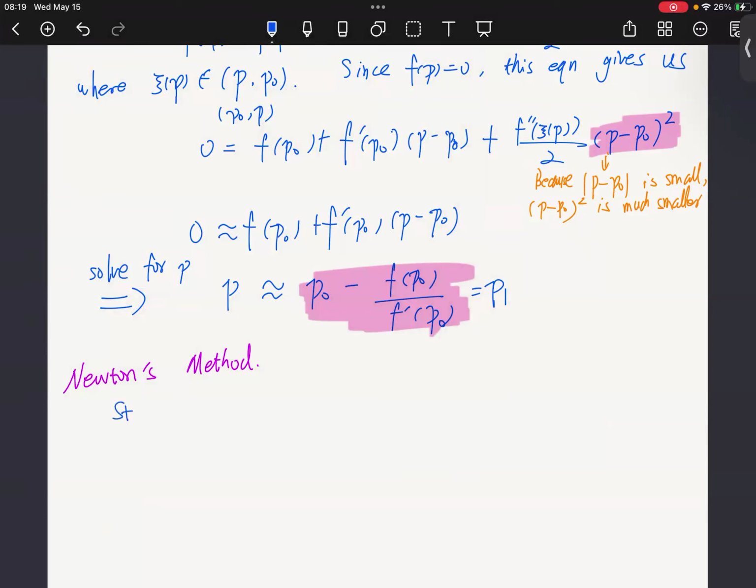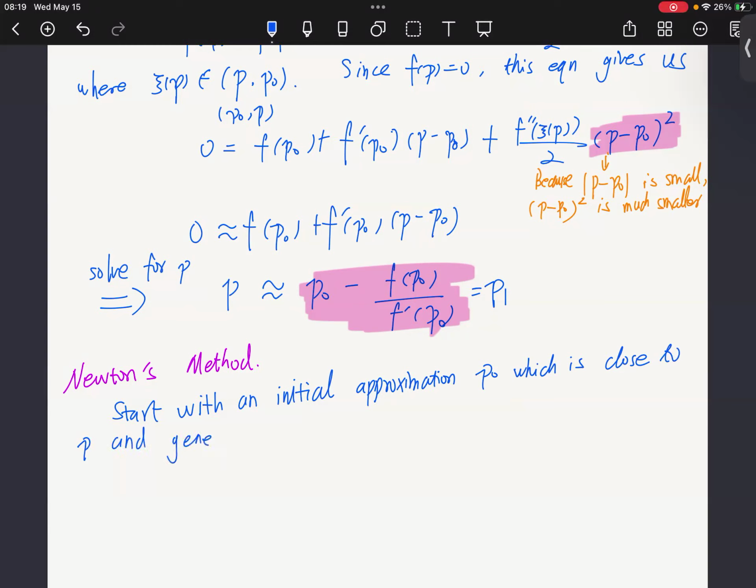So starting with the initial guess, and as you can see at the very beginning, the initial approximation. We start with the initial approximation P0, which is close to the true solution P, and we generate the sequence with the following rules.